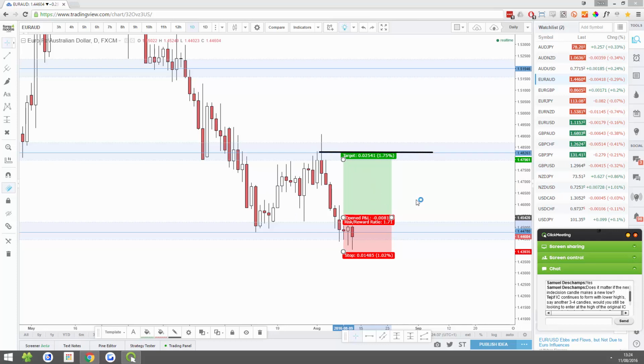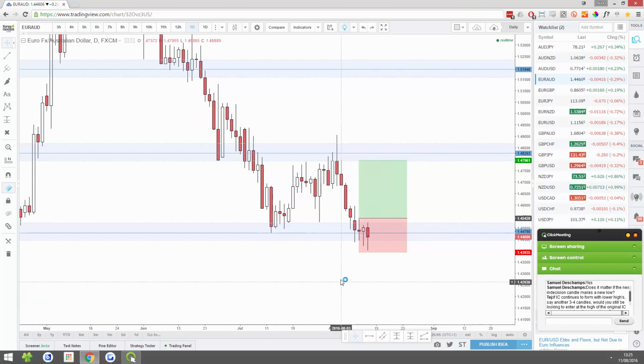And then we've got the other problem that we are going long on the euro, and that's somewhat of a risky thing to do given the current economic climate in Europe. So I would say this trade's not the smartest setup to get into. That would be my personal opinion on this.